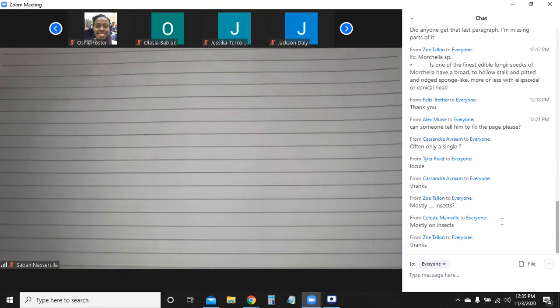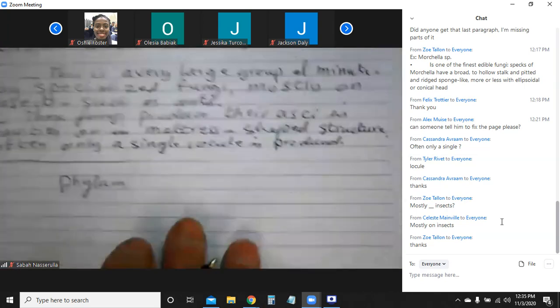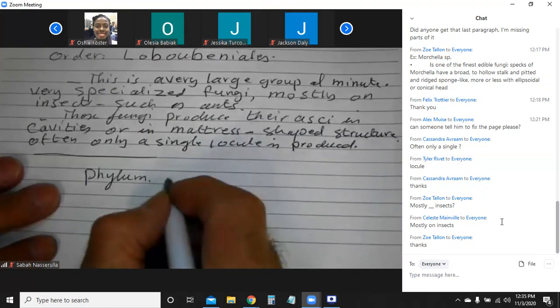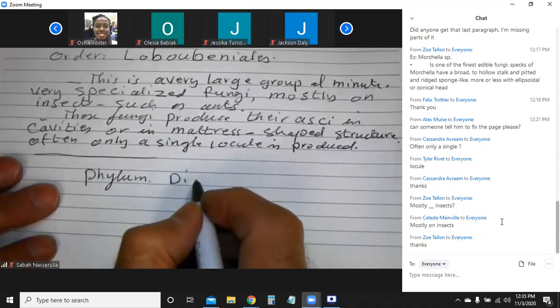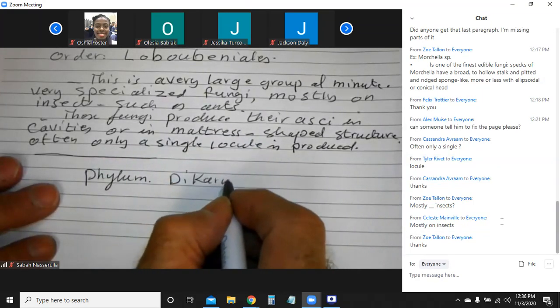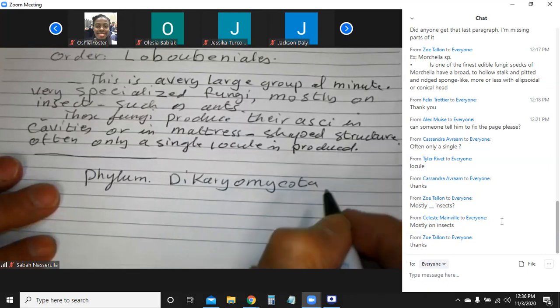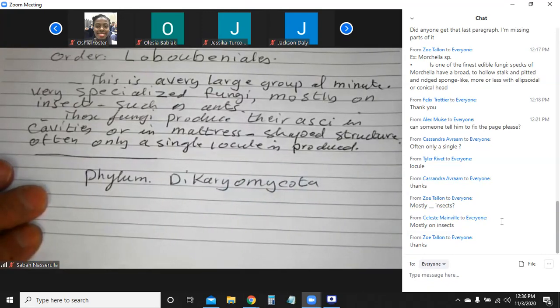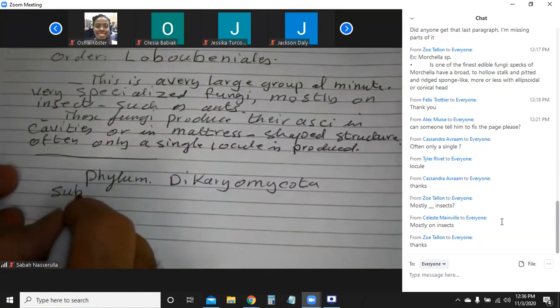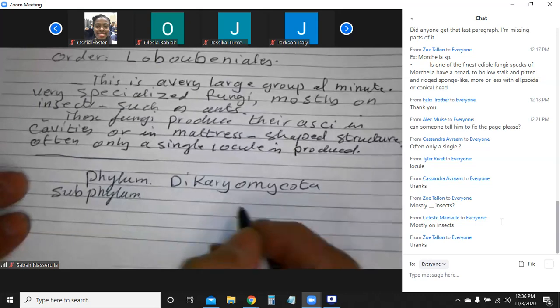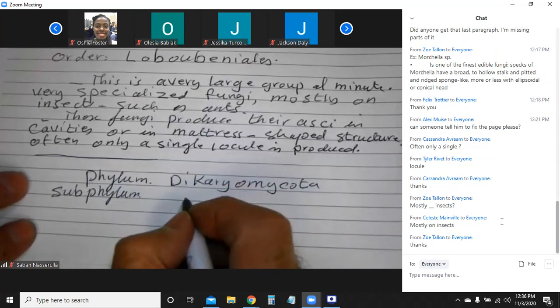So we're going to talk about this one here, in which, as I mentioned to you, we have the phylum Dicaryomycota, and of course we have the subphylum now, which is known as Basidiomycotina.